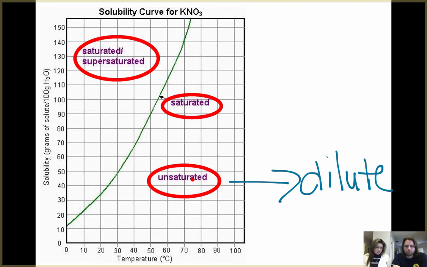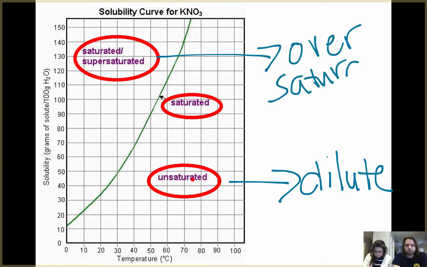Have you ever had an iced tea that had a lot of ice cubes in it? It's dilute. It doesn't taste very good. So unsaturated means we can dissolve more. Supersaturated means it's over the limit, or oversaturated, and this happens when we do certain things to solutions. A soda is supersaturated because there's way more carbon dioxide in the liquid than would happen under normal conditions.